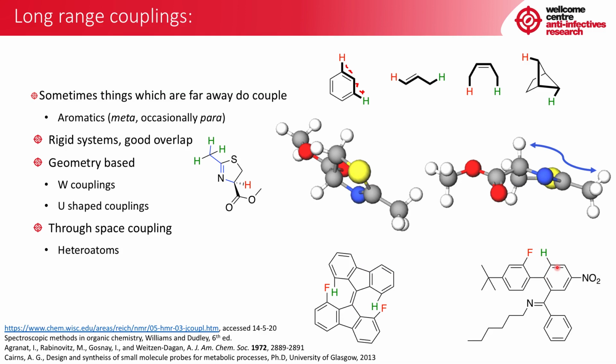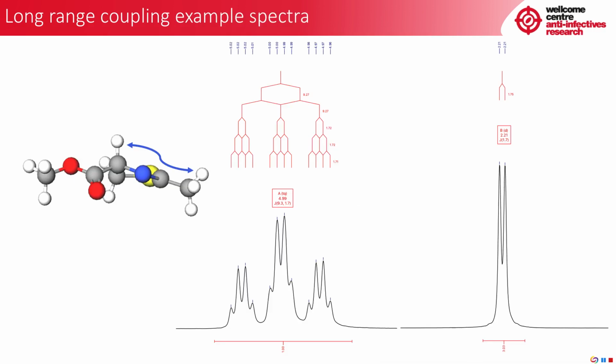So I just want to take a moment to show you a real-life example of this longer range coupling. So here is the compound I mentioned, and here are the two relevant signals I want to show you. So this is the proton, and you can see in this case it has identical couplings to these two, and that is the two 9.3 Hertz couplings here.